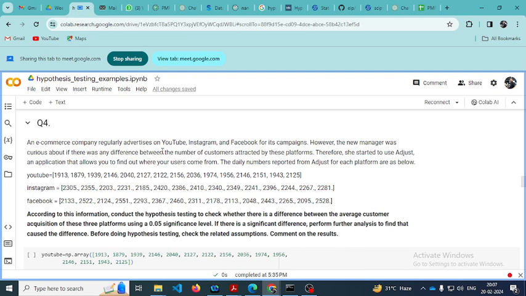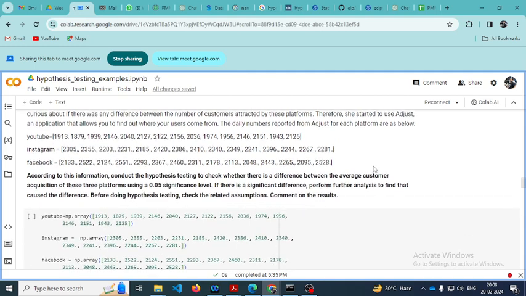So you are going to have some data for each platform. Let us assume this data is the number of customers attracted by each platform, for example YouTube, for a specific time. According to this information, we need to conduct a hypothesis test to check whether there is a difference between the average customer acquisitions of these platforms, using the same level of significance.